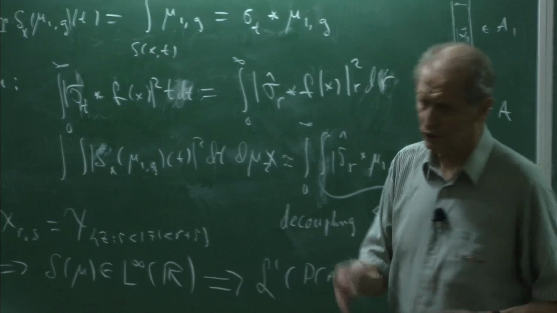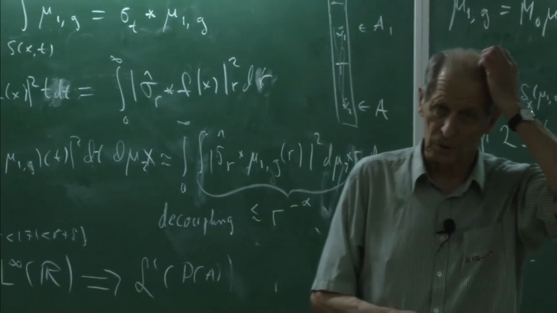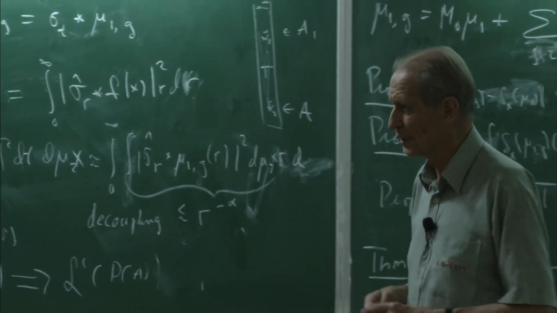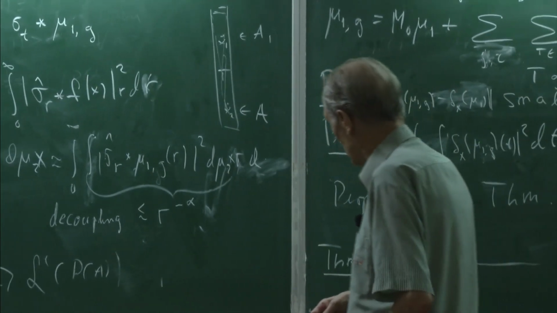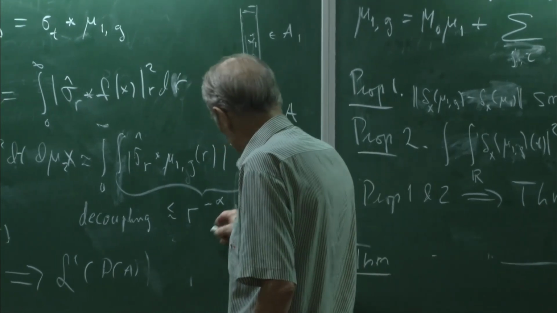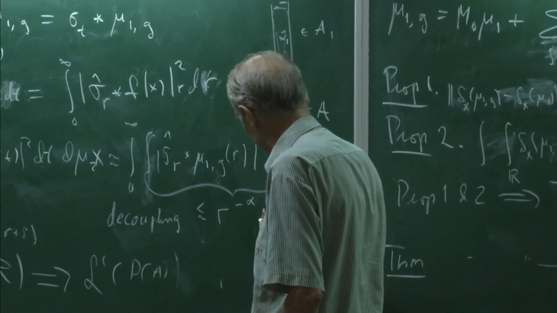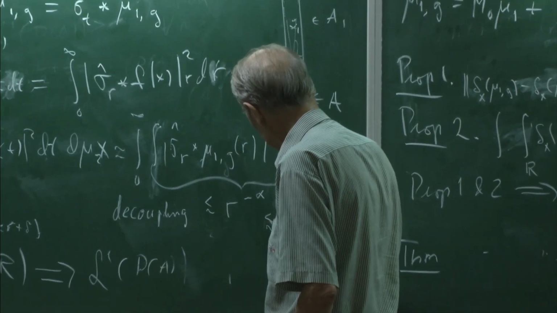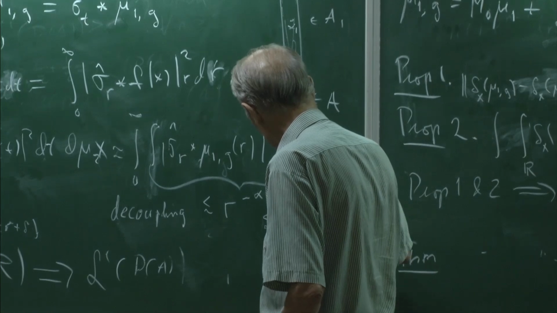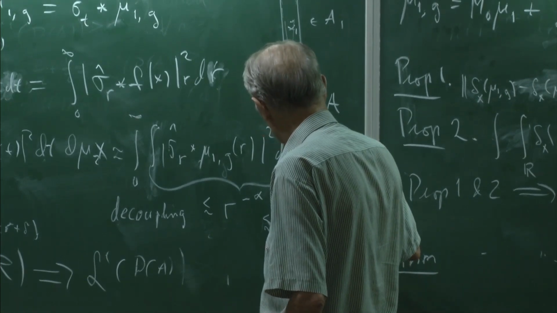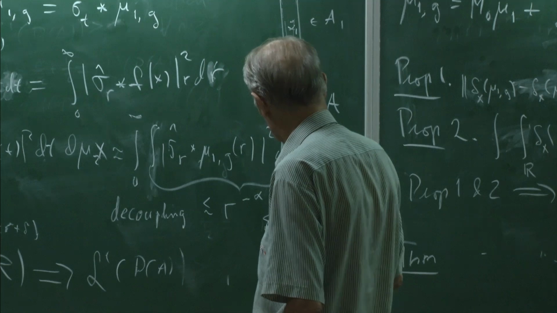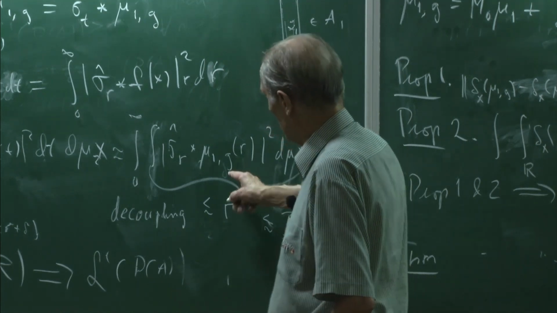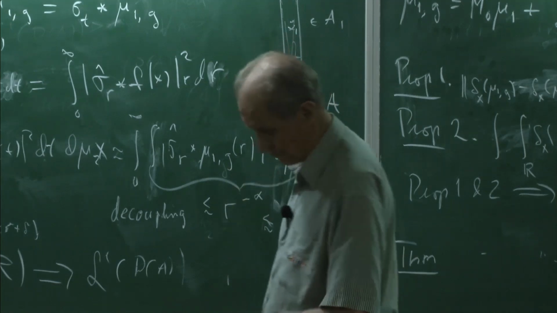And there are a lot of decompositions and pigeonholing going on there. You decompose the circle into many different parts and other places also. But this number you get there is then essentially bounded by the energy of mu1, which can be taken to be finite. And then you will get this.